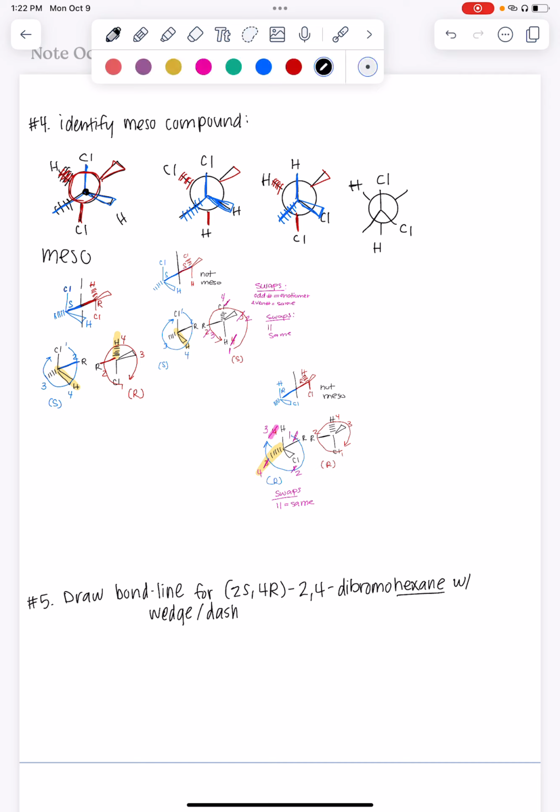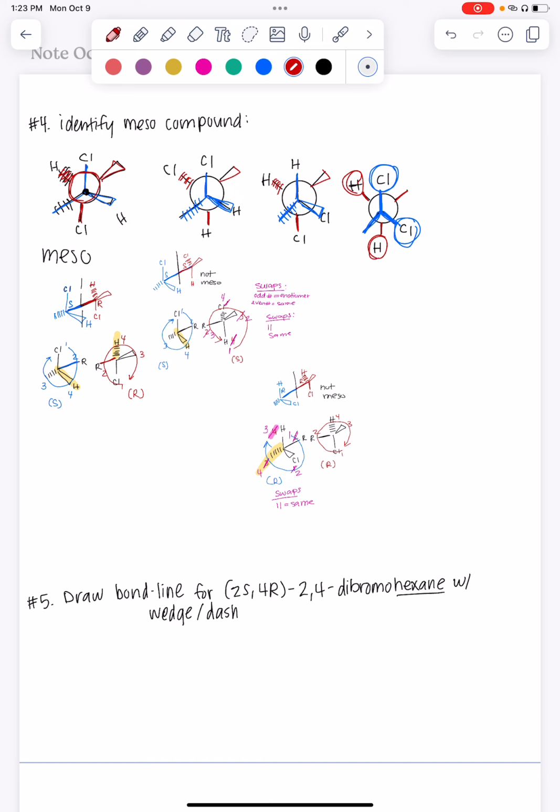Okay, this one we can say we've got our front carbon in blue, chlorine, methyl, and chlorine, and then H, H, and methyl. Well, we should notice at first glance, since we just connected these 3 together, we've got a chlorine and a chlorine, and we've got hydrogen and hydrogen.